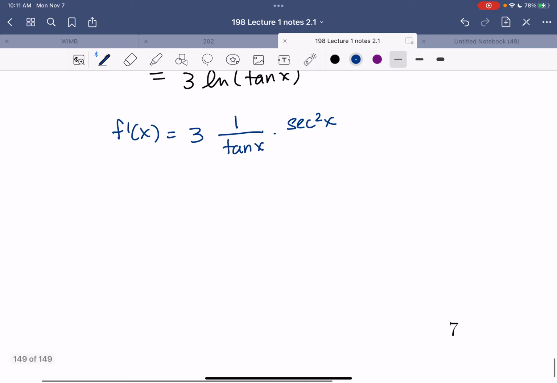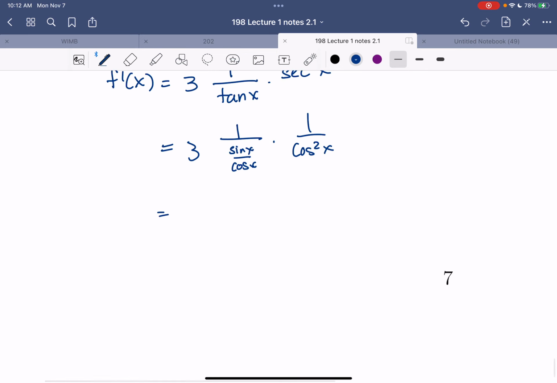Now I'm going to go ahead and convert these to sines and cosines. So this is 1 over sine x over cosine x times 1 over cosine squared x. See if anything cancels. So this is 3 times, flip this one over, so that's cosine x over sine x times 1 over cosine squared x. And we can see that one of those cosines is going to cancel.